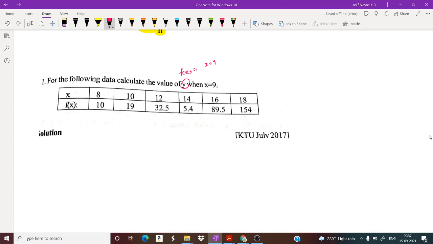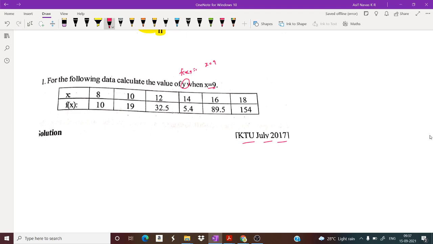This is a July 2017 question. In this question, it is not given whether you have to use Newton's forward difference formula or not. So how to identify this?